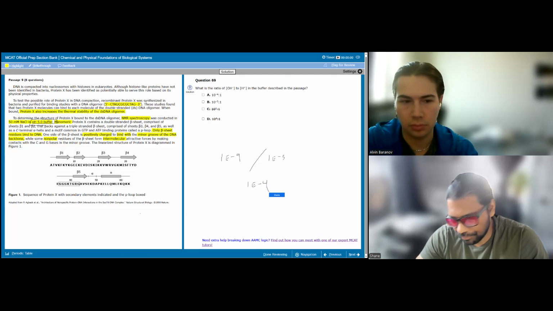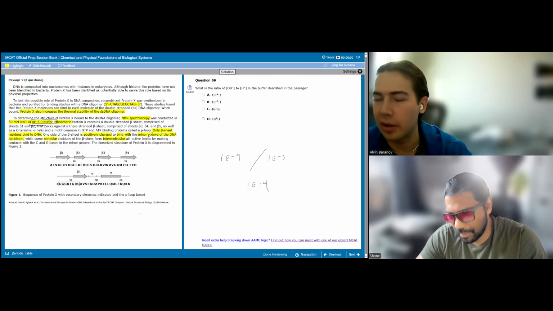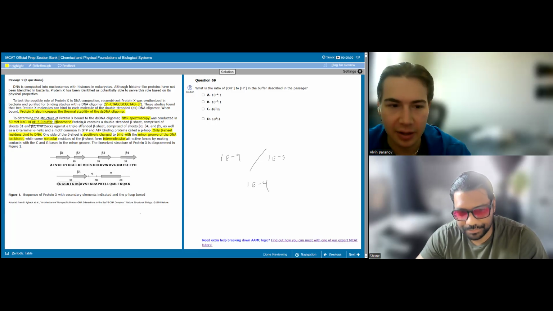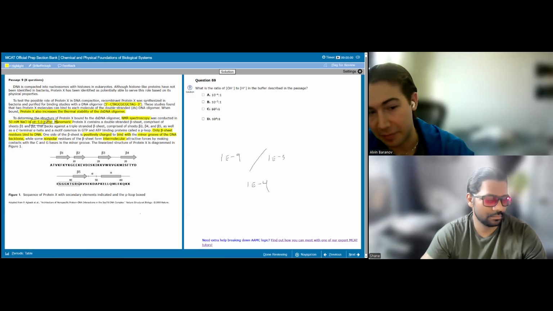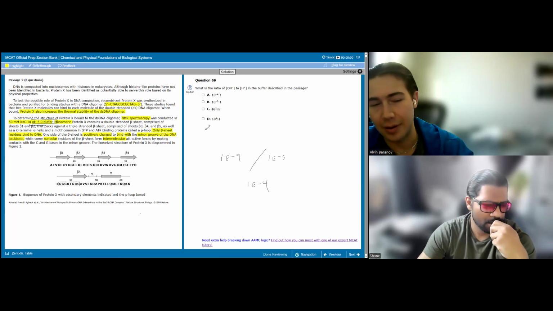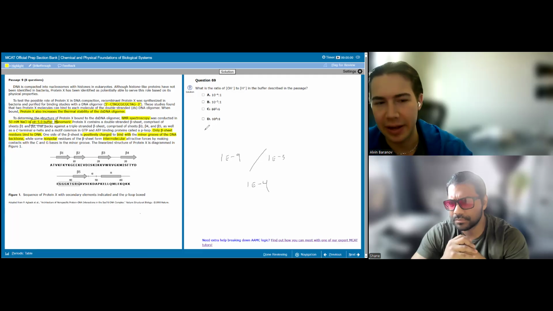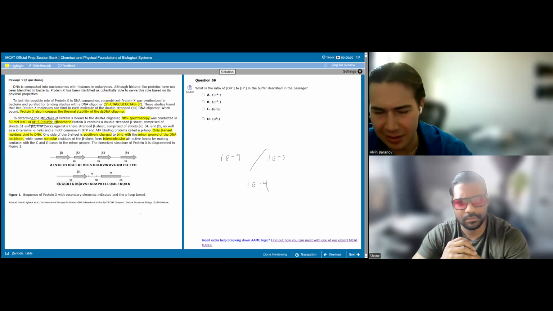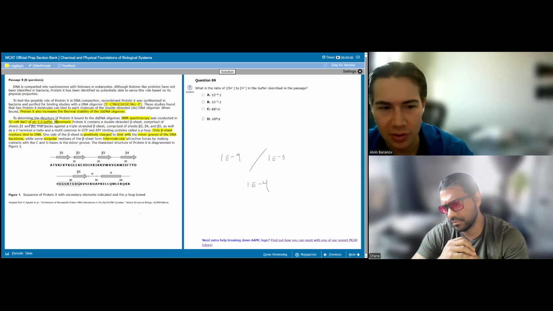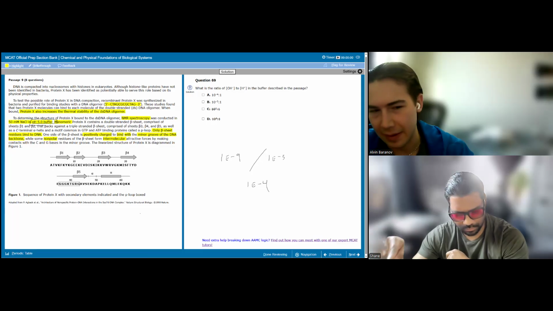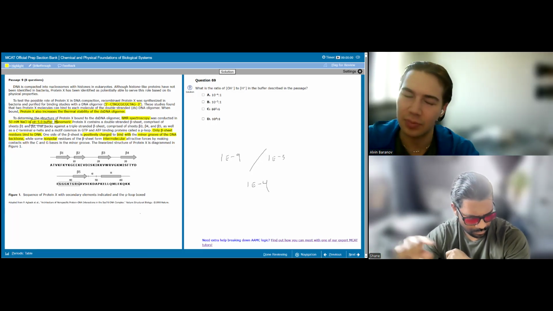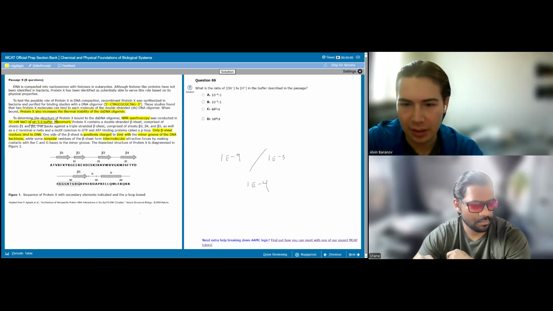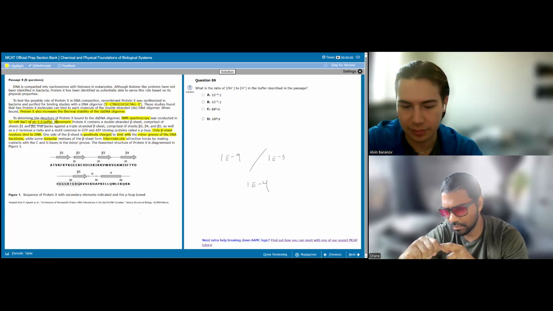Here you go. Okay, I completely overthought this question. Since it was a buffer of pH 5, I thought the H plus and OH had to cancel out, like 3 plus 7 divided by 2, so it's 5, you know what I mean? I overthought the question, but okay, that makes sense.